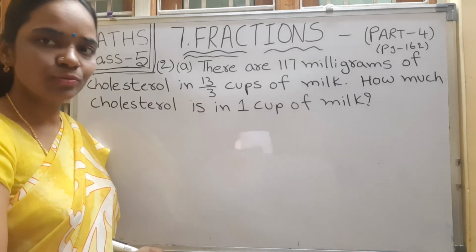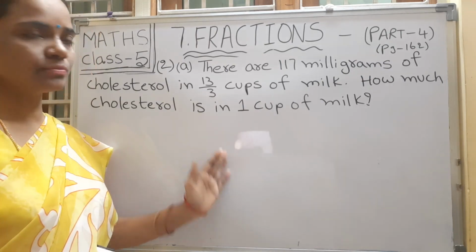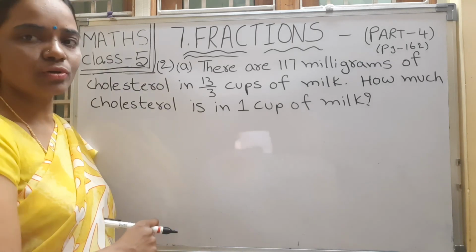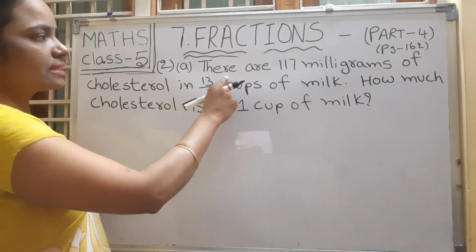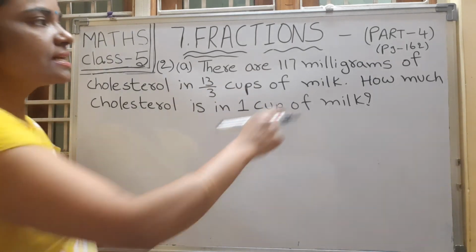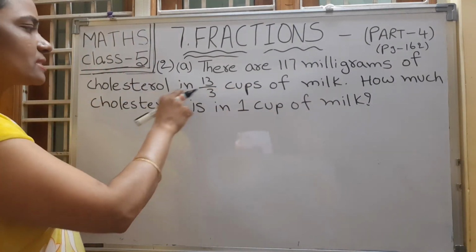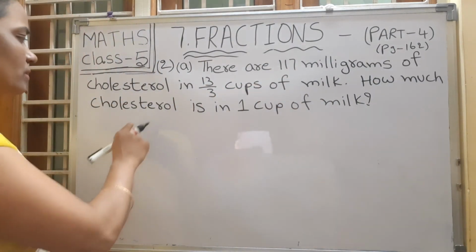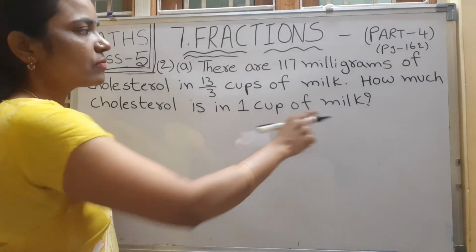I want to take a word problem children here from textbook. Page number 162. There are 117 milligrams of cholesterol in 13 by 3 cups of milk. How much cholesterol is in 1 cup of milk?